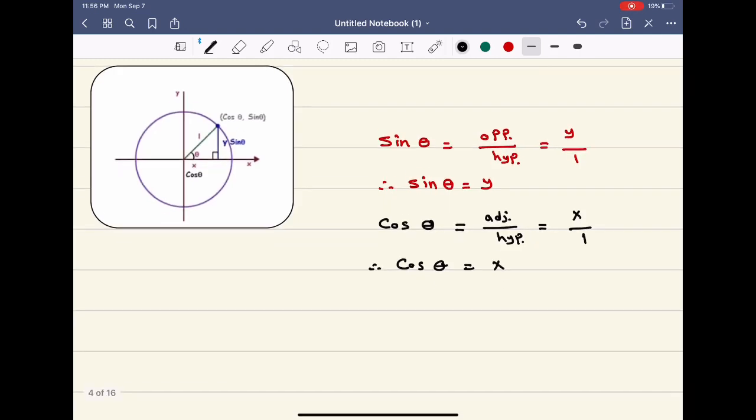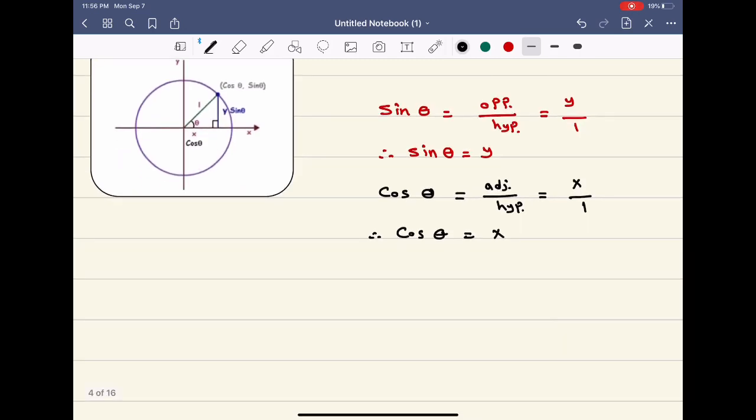Then we can write the point B, x and y, in the form cosine theta and sine theta.